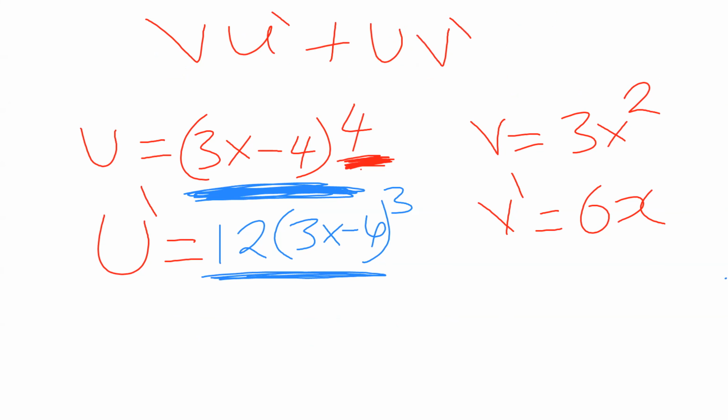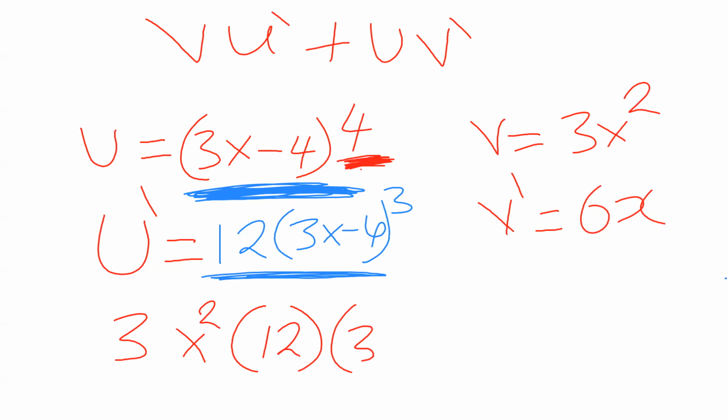We start with our v. Our v is 3x squared multiplying with u prime, which is 12 times (3x minus 4) raised to the third degree, plus what's our u?